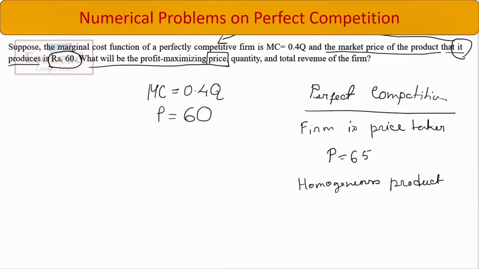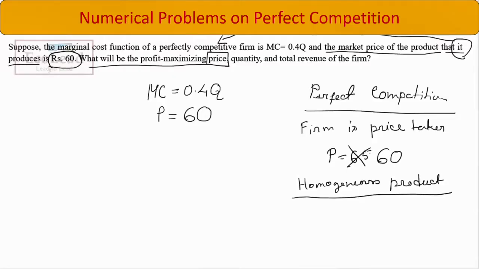Because the same product is available with his competitors at rupees 60. So this firm, if he charges extra, will not make the transaction happen. He has to sell it at the price of 60. So the profit maximizing price is also 60.